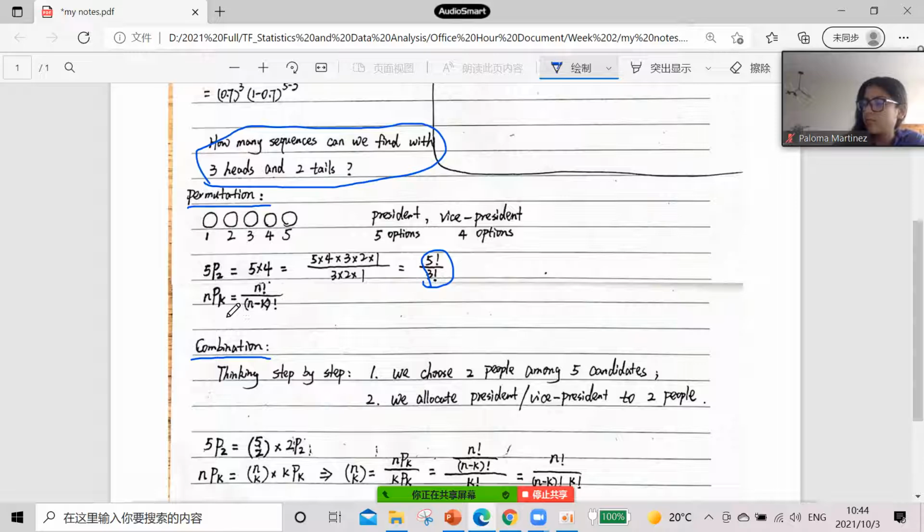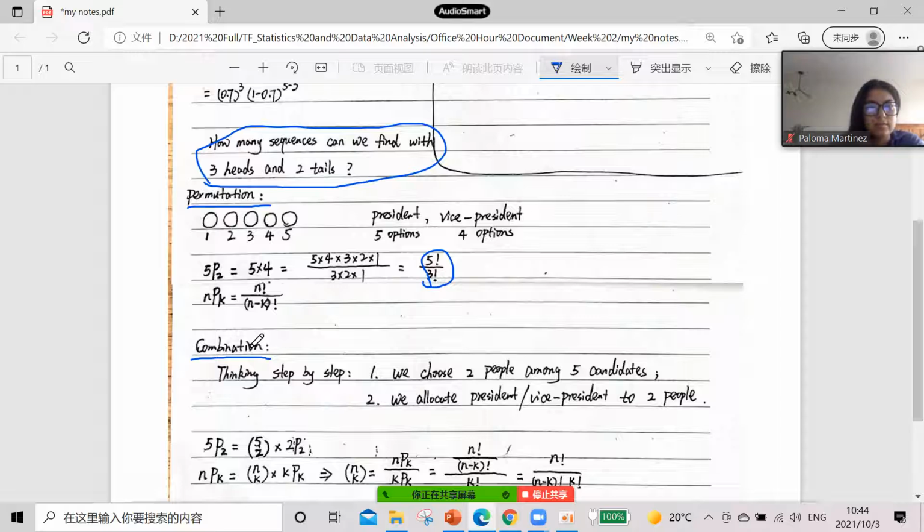And in the general case, what is n permutation k? You can see 5 permutation 2 is just 5 times 4, and you just add all the factorials starting from 3, both in the denominator and in the numerator. So it's 5 factorial divided by 3 factorial. For general cases, n permutation k is just n factorial divided by n minus k factorial.